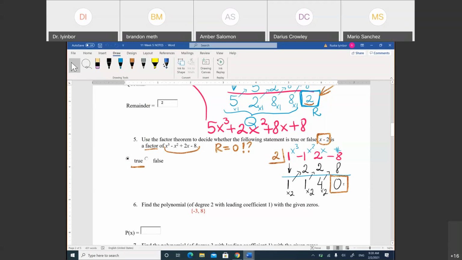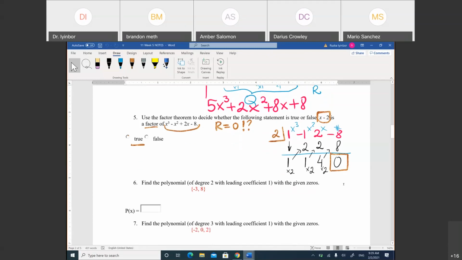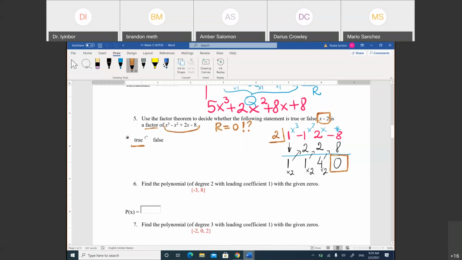Okay, so for the next question, I need to go over a few terms here. If I have a number in front of the table which gives me remainder 0, that means the number 2 is a 0 of the polynomial, and x minus 2 is a factor of the polynomial, right?